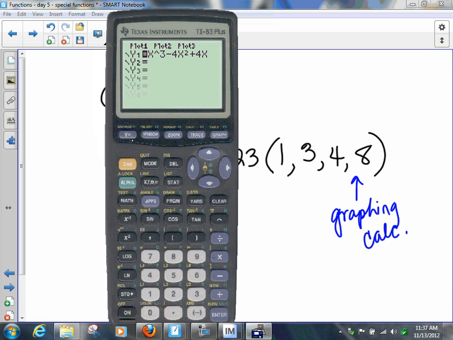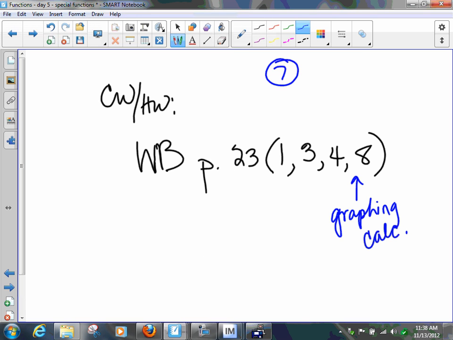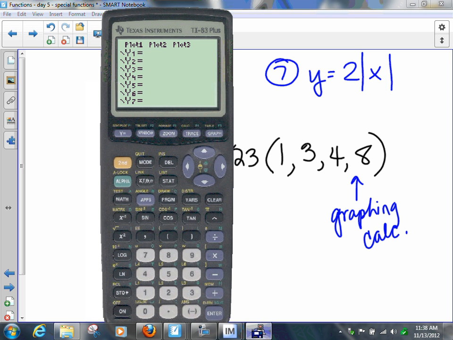Thank you. Hey, look right here, folks. If you will look at the same page, 23, and you look at number 7, because that's an absolute value function as well. Number 7 is y equals 2 absolute value of x, yes? Y'all with me? How do you find this? Folks, put in your calculator 2, math, go over to number, and the absolute value is the first option.